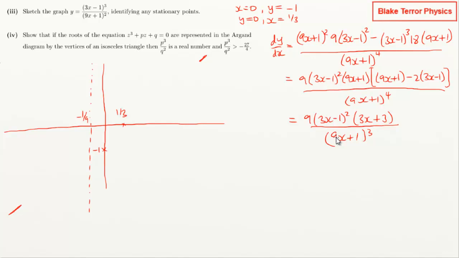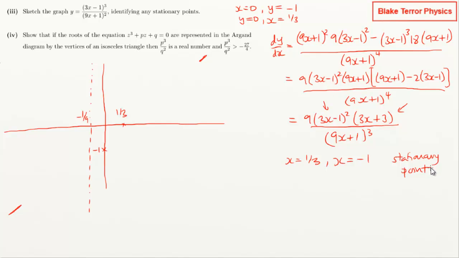Okay, so what does that mean? That means, if I want stationary points on all of this, I'm going to have turning points. x is a third, so that gives us a 0 in that bracket, and x is minus 1, because that gives us a 0 in that bracket. So that's the stationary points. Okay.